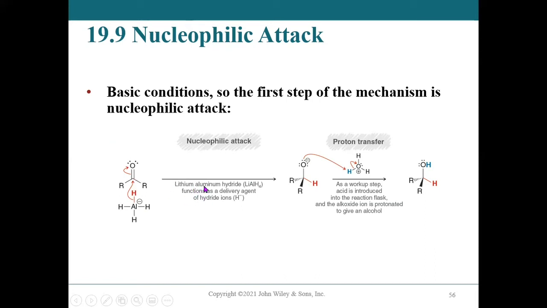Lithium aluminum hydride, LiAlH4, functions as a delivering agent of hydride ion, H negative. So we get this structure, then we have this negatively charged oxygen abstract a proton. As a work-up step, acid is introduced into the reaction flask, and the alkoxide ion is protonated to give the alcohol.